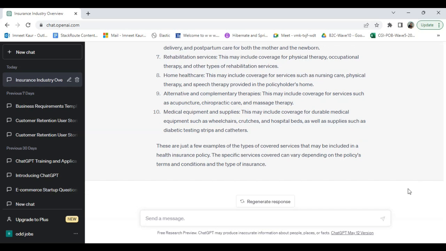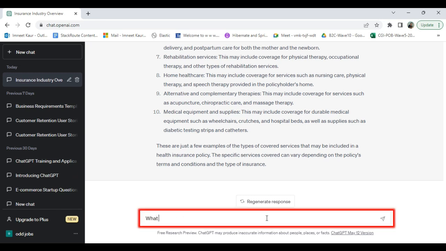Now let us switch to another domain, which is the sales domain. So let us ask ChatGPT some basic questions for the sales domain. So let's start with the first one, which is, what kind of activities are involved in sales? And just hit enter.